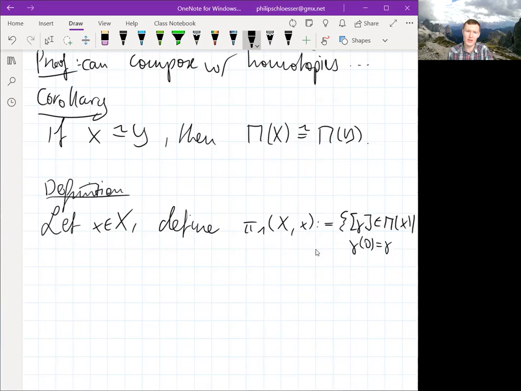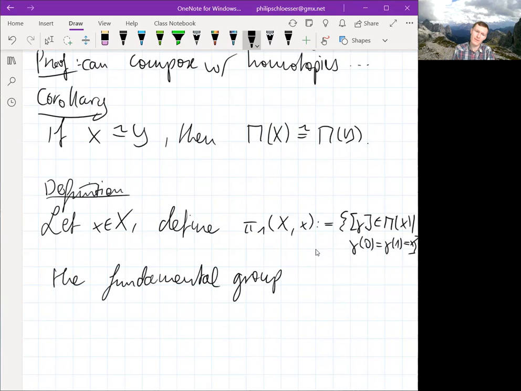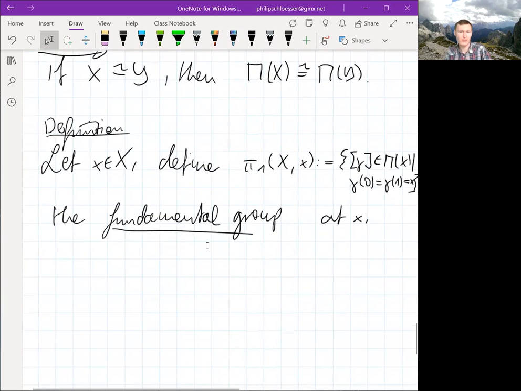So both endpoints are just equal to small x. The fundamental group at the point x. Alternatively, we could also consider loop spaces, or loops, and this will ultimately be the definition that can be more generalized.